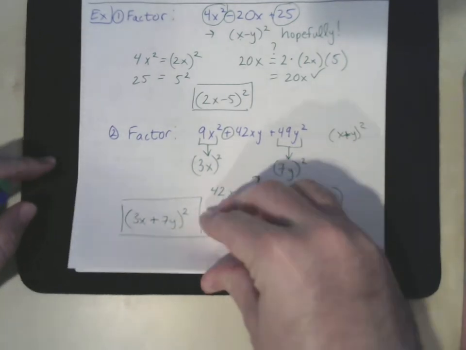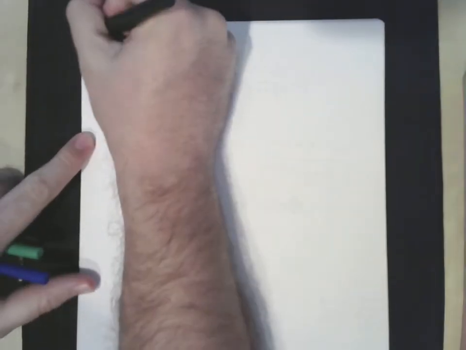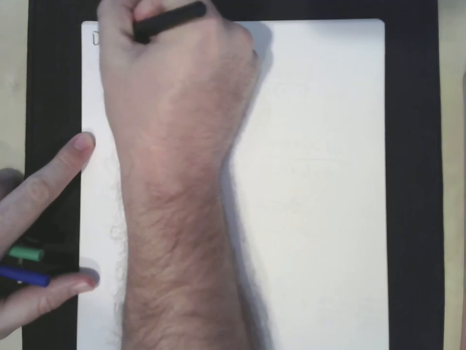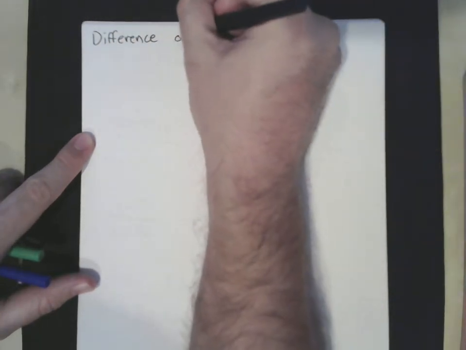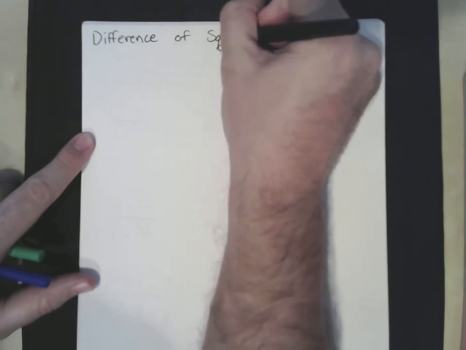Our next special product or special trinomial is the one that most people remember easiest, and that's difference of squares.